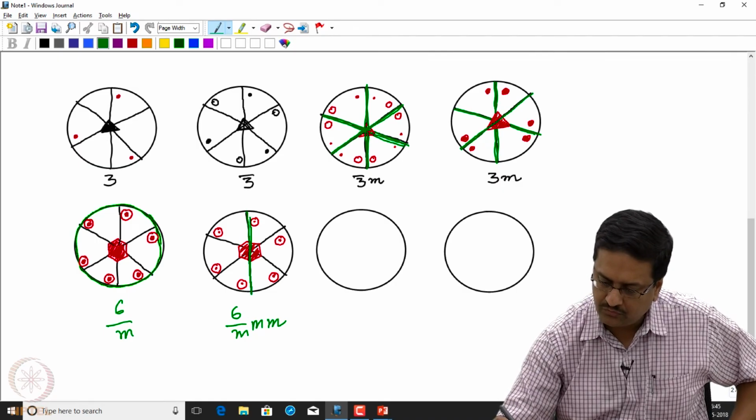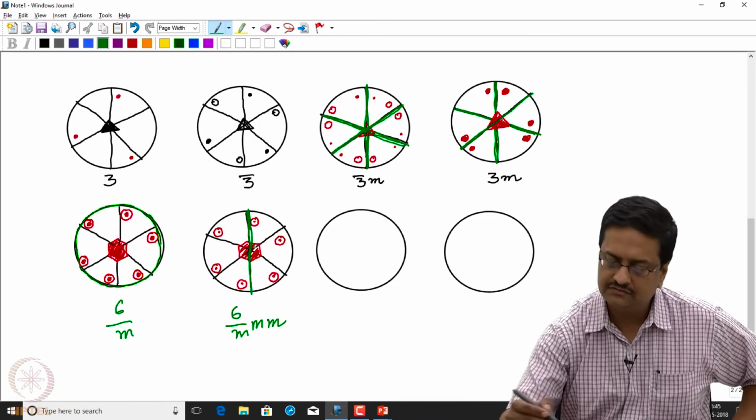Maybe even if we just draw one, it will generate the other mirrors.